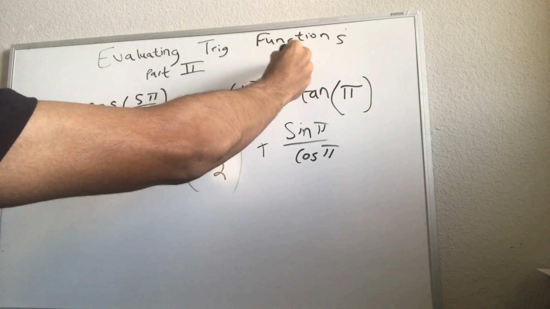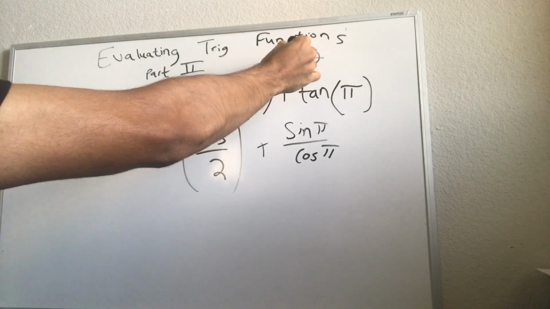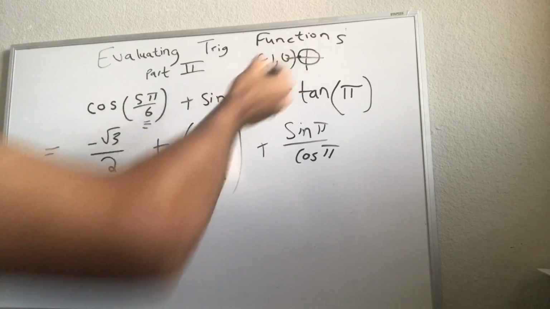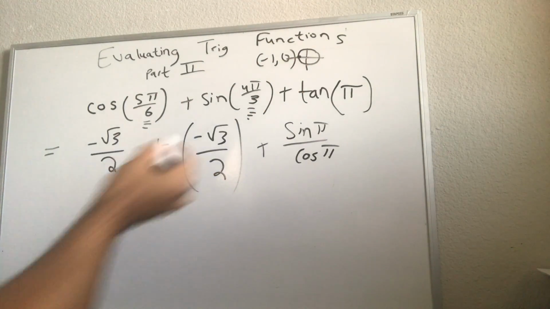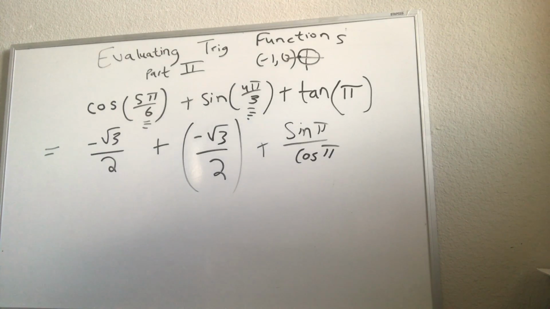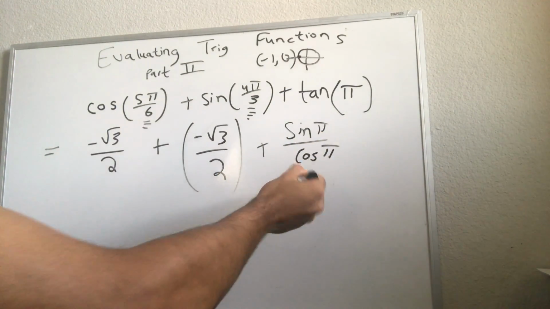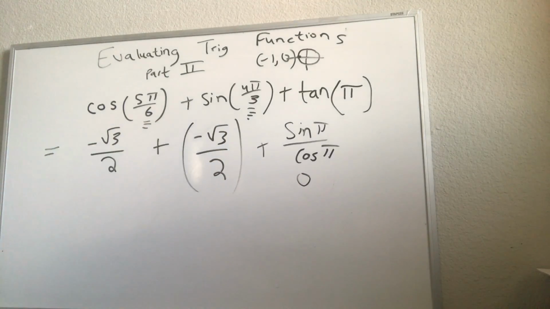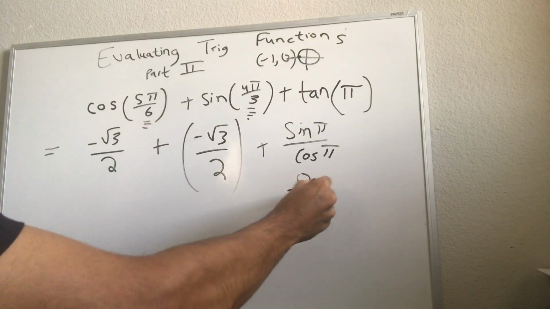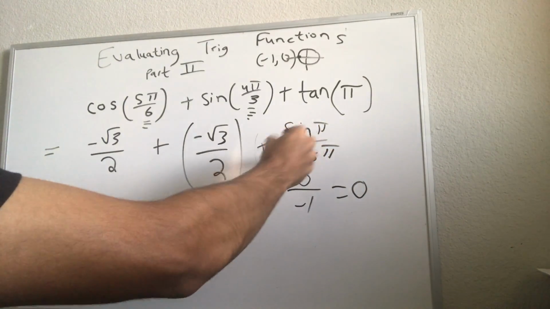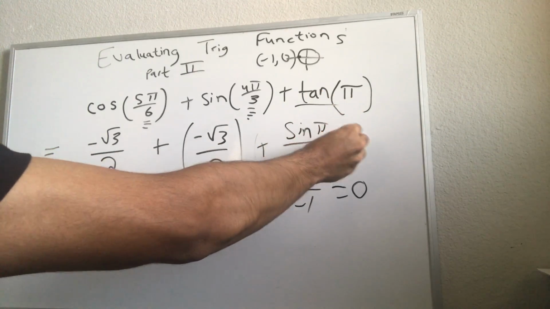If I have a unit circle like this, we know that pi is here. And really if it's a unit circle, this point has to be negative 1, 0. We know that any point on the unit circle is cosine theta comma sine theta. So really, sine theta, the y value, is 0, and cosine of that angle, or in this case, cosine of pi, is negative 1. Therefore, really, tangent of pi is 0. So this value over here, tangent of pi, is just 0.